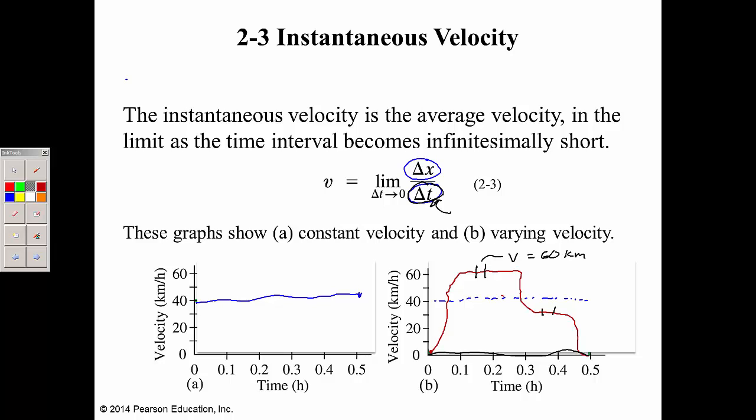Over here, in the same time interval, it might be 30 kilometers per hour. And as that time interval gets shorter and shorter, just picture me drawing smaller and smaller slices, we get a better feeling for what our velocity is at any given instant.